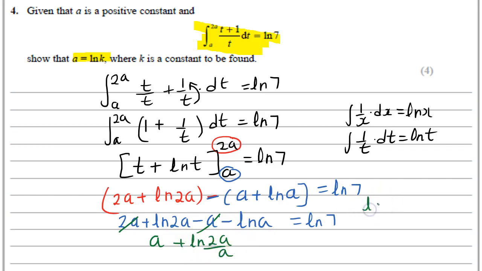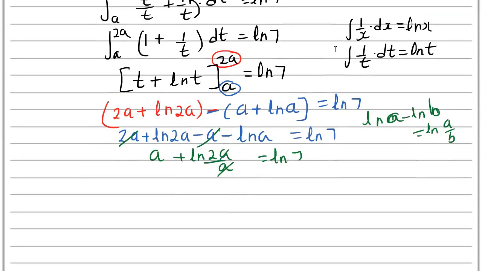Which rule? You know, ln m minus ln n. Let's write a and b: ln a minus ln b, you can write as ln a divided by b. So ln 2a over a, and that is ln 7. So a and a cancel, and we have got a plus ln 2 equal to ln 7.